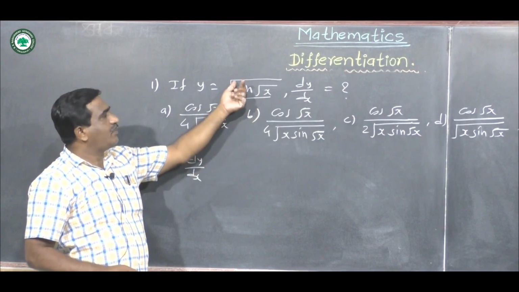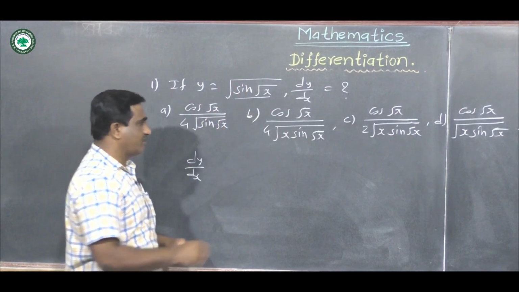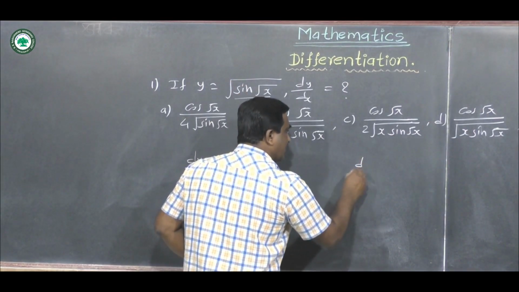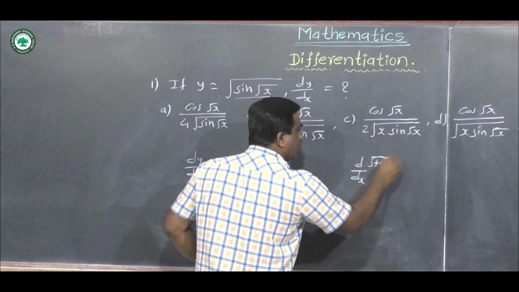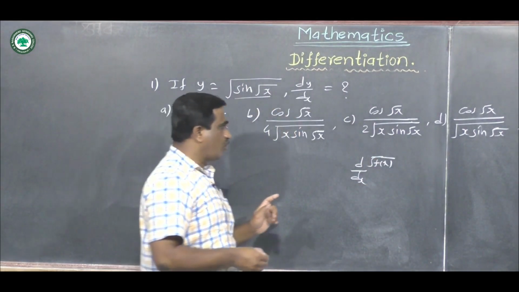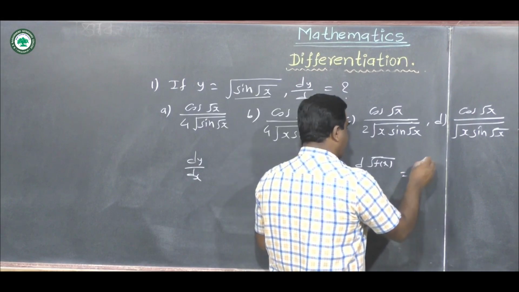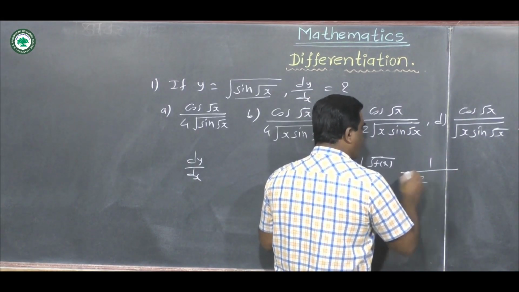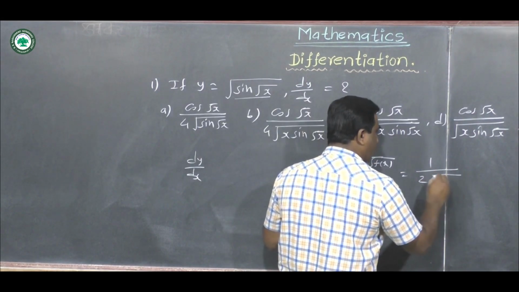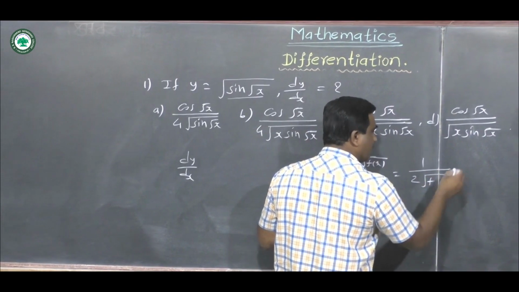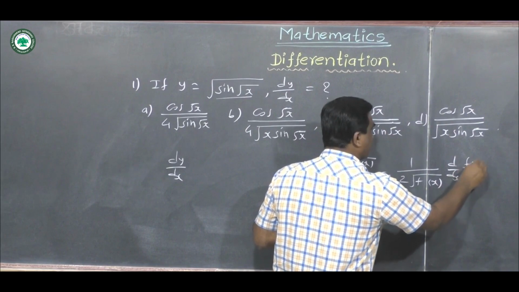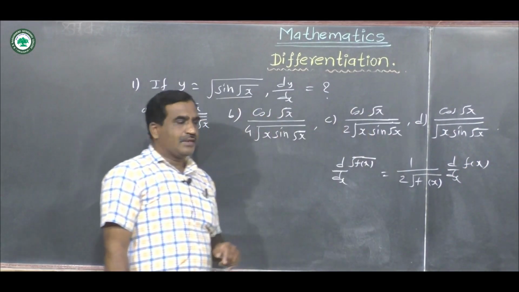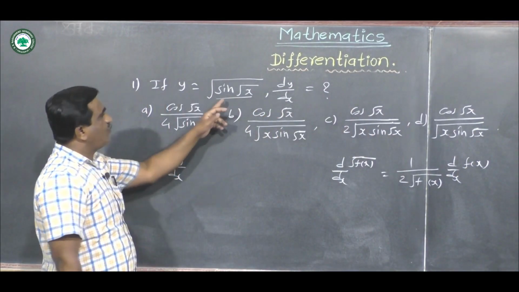We have to find the derivative dy by dx. We know that the derivative of under root f of x is 1 upon 2 into under root f of x into dy dx of f of x. Using this formula we can write the derivative for this function.